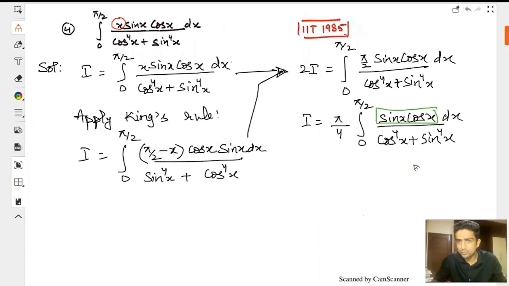Net power is 2 because it's like multiplication. Power 4, power 4. So whenever we have such a format, we always prefer to divide by the power of cos x. So in numerator and denominator, divide by cos power 4.